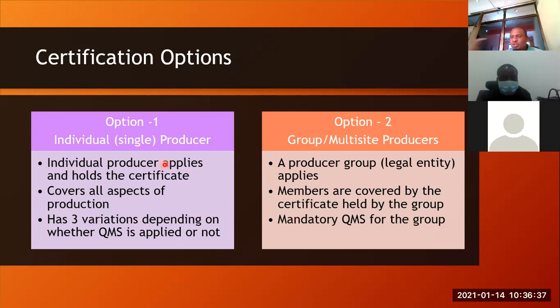Then there are 2 ways in which the smallholder producers can obtain their certification. First of all, they can form an outgrower group which will be associated with LATC. So you can have LATC Outgrowers Association.